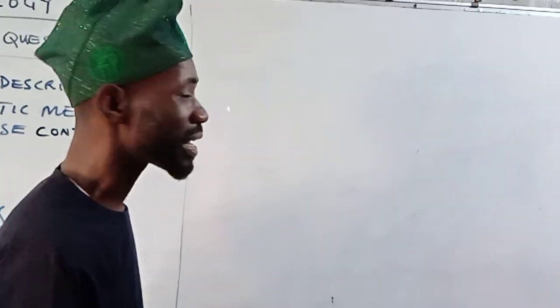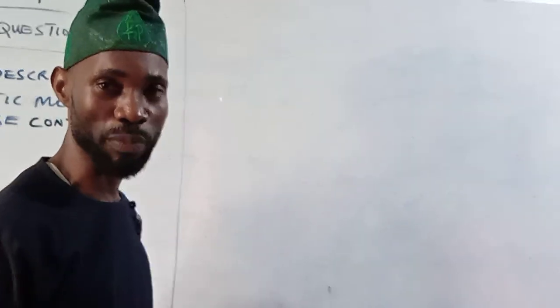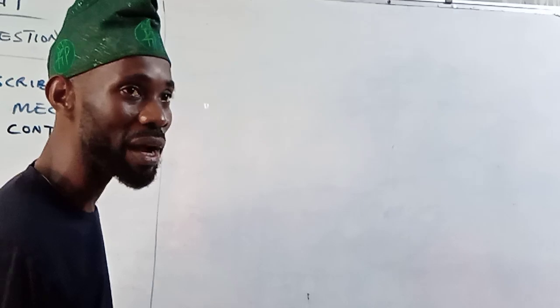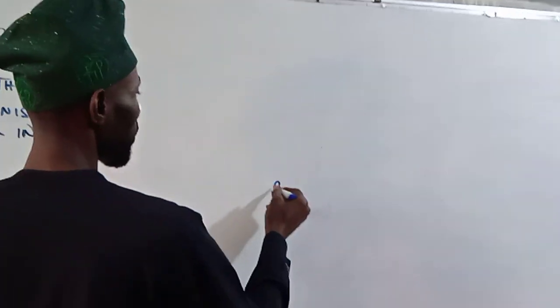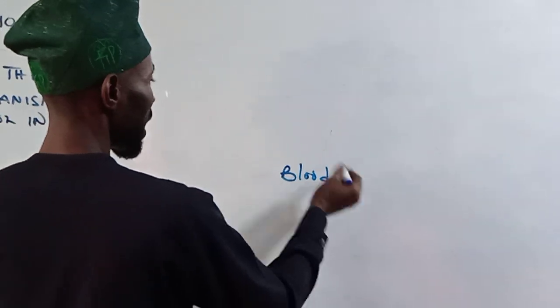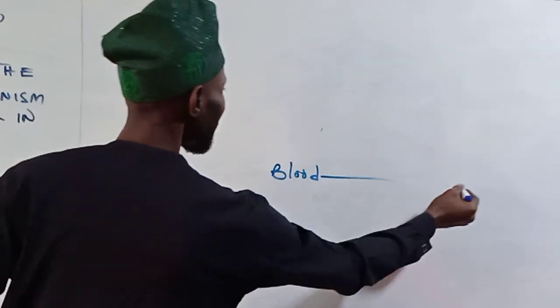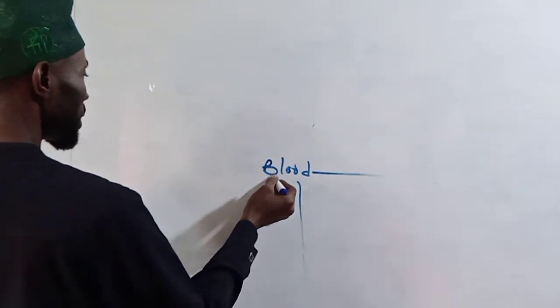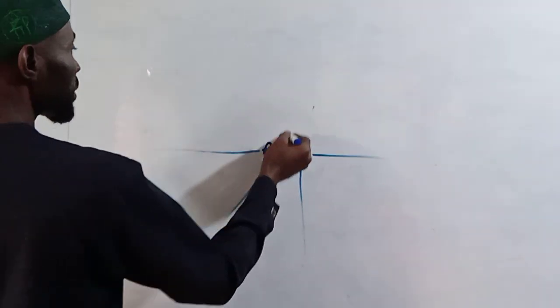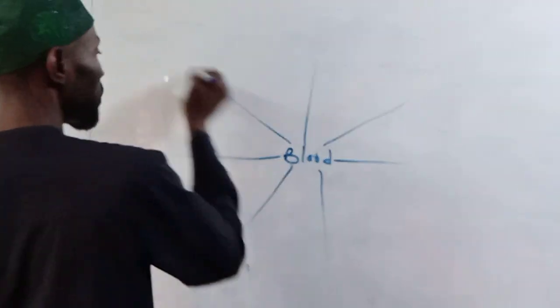Now let's take a look at when the level of sugar in the bloodstream is high after some hours of a carbohydrate meal. So let's assume here is the blood, and the blood flows to several organs. All these are organs of the body.